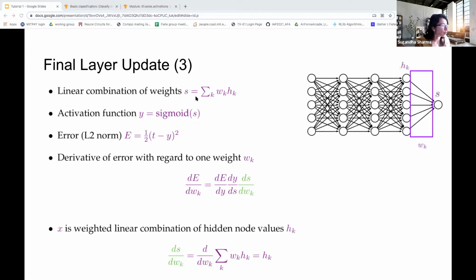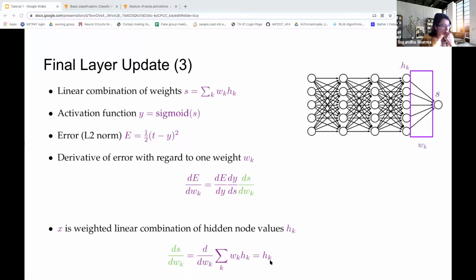And that can be computed from this equation here. So now we know that the derivative of s with respect to weights is just h_k, because this term will give us h_k only when we have the h corresponding to the particular weight vector k, and it'll be 0 at other times.